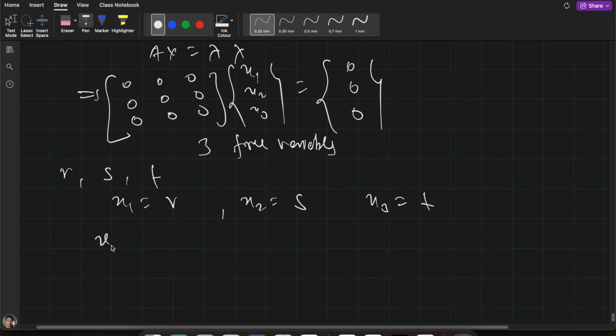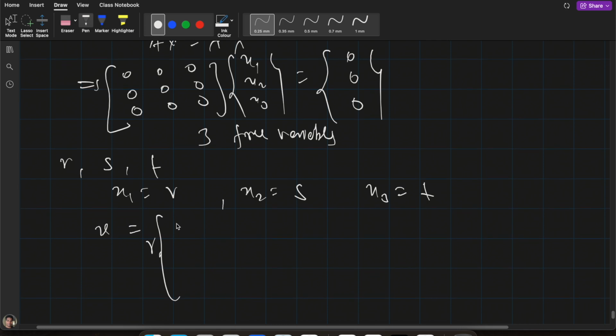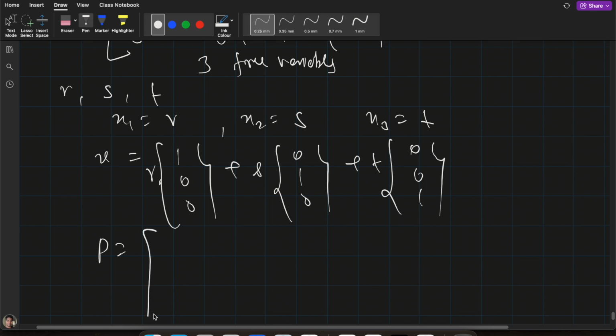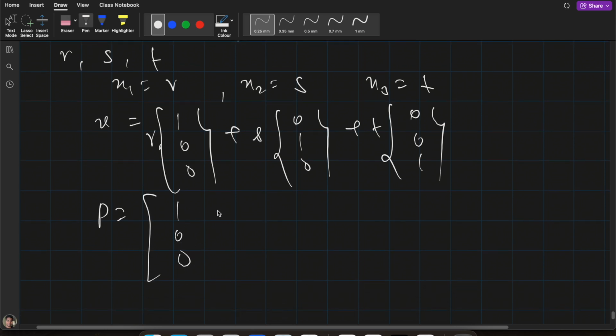So what is the v? R times 1 0 0, plus s times 0 1 0, plus t times 0 0 1. So what is the P matrix? That is 1 0 0, 0 1 0, 0 0 1. So you can see that this matrix is diagonalizable. P inverse exists.